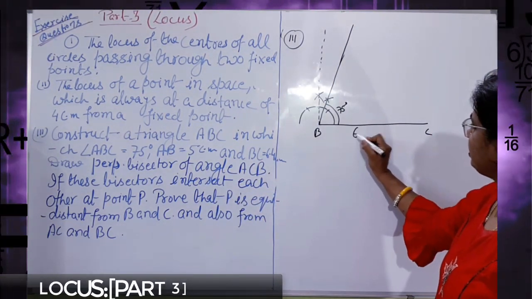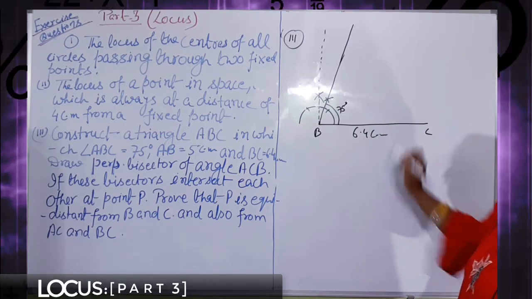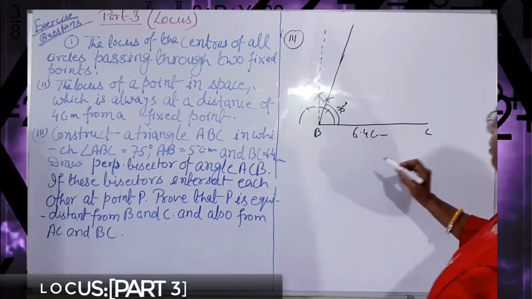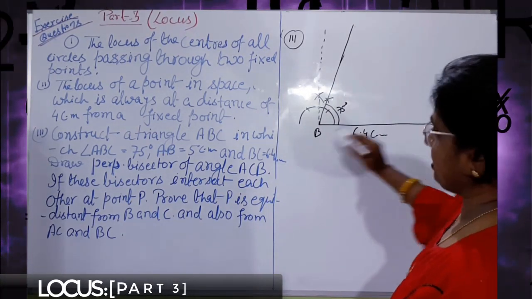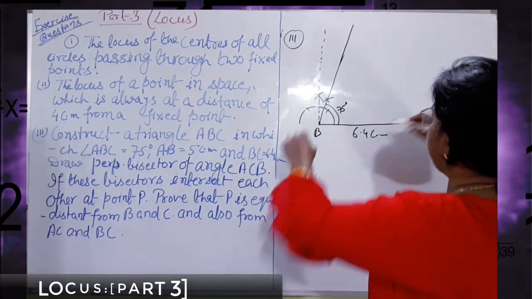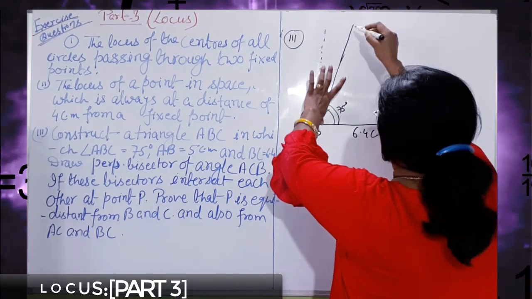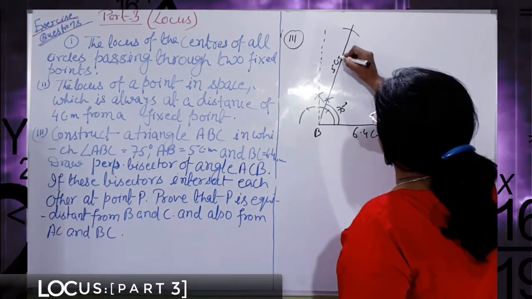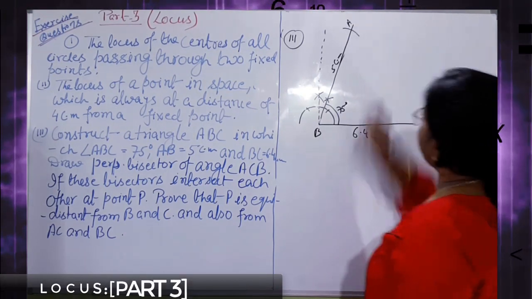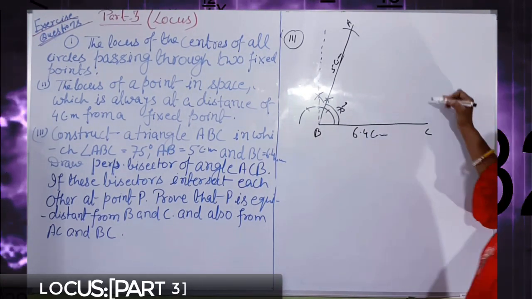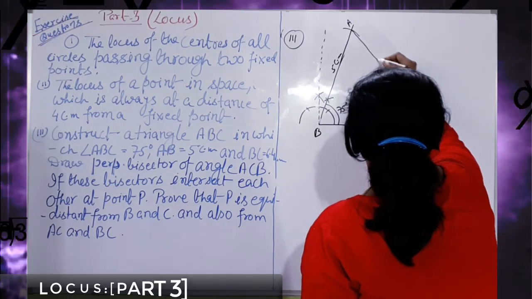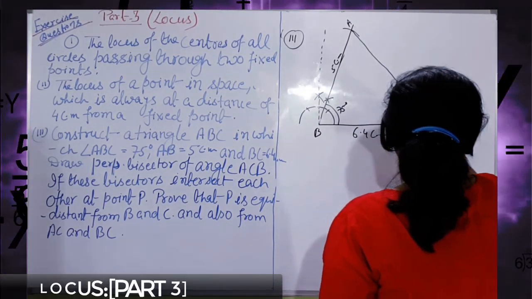This distance is 6.4 centimeters. Now AB is given as 5 centimeters, so cut AB 5 centimeters like this, and then join AC.